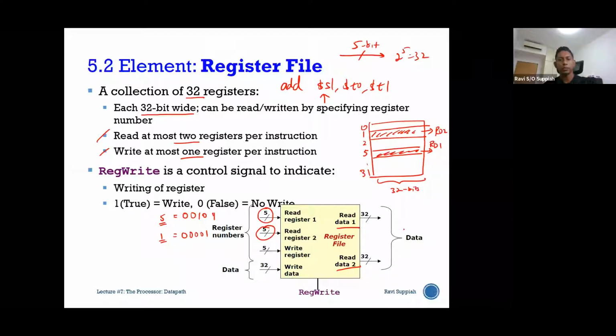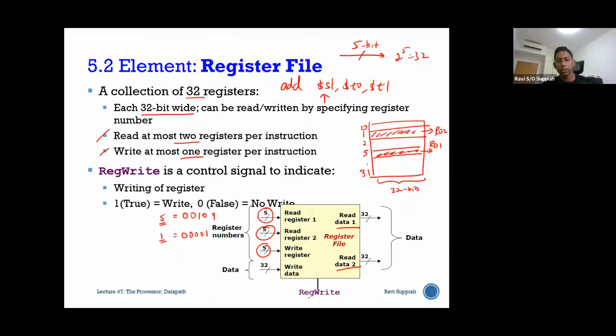So I need to specify the register that I want to write in these 5 bits over here. That is the write register. I also need to tell the register file that I need to do a write operation after I finish everything. That is where the control signal comes in.